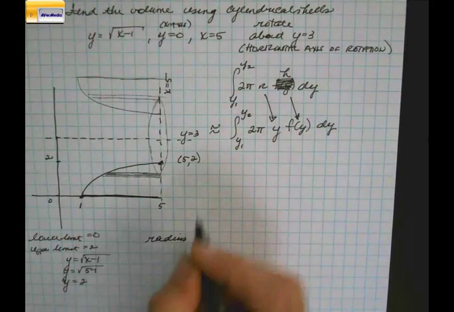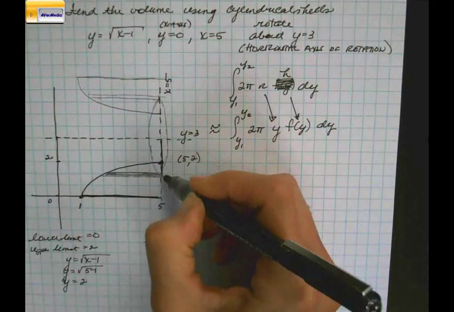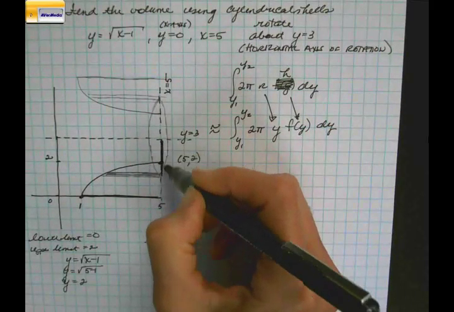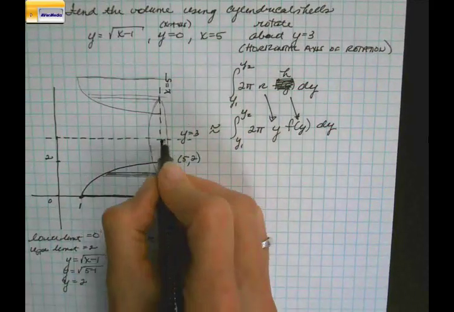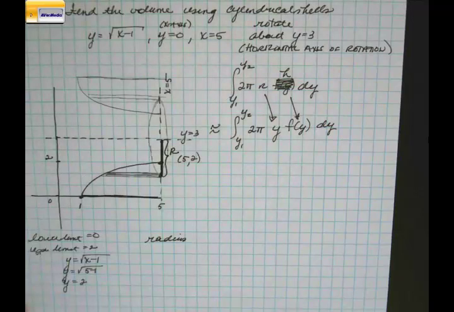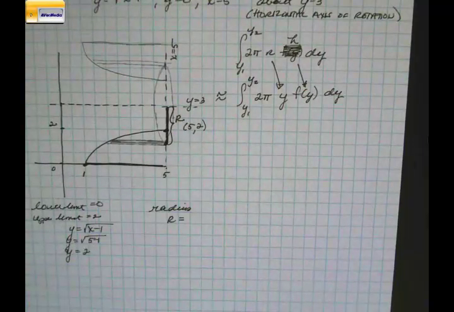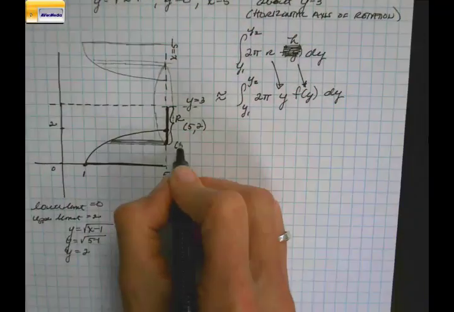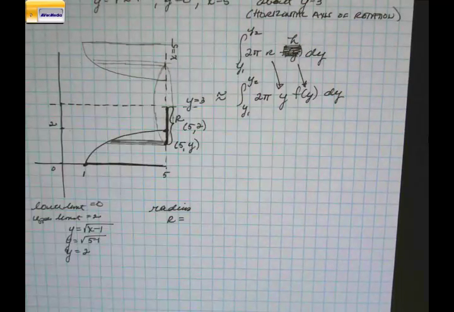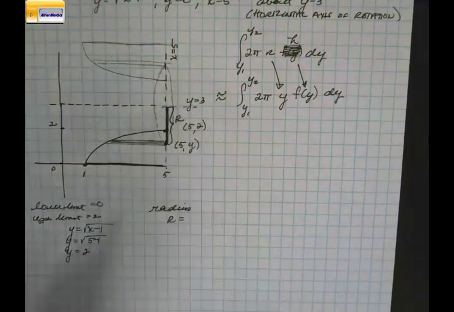Okay, your radius. Here's your radius from here to my rectangle. Well, we've got to think about this one now. This is your radius right here. What is the length of that radius? 3 minus y. This point right here would be 5, y, and this is a y value of 3.